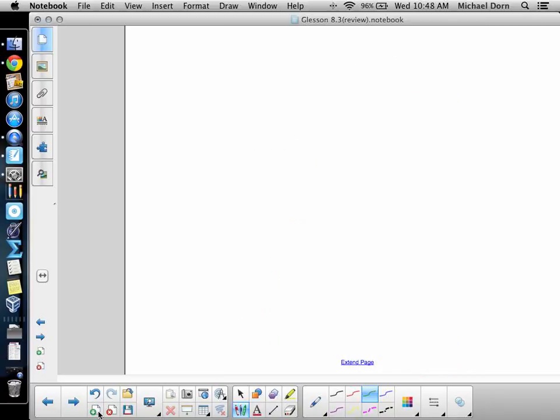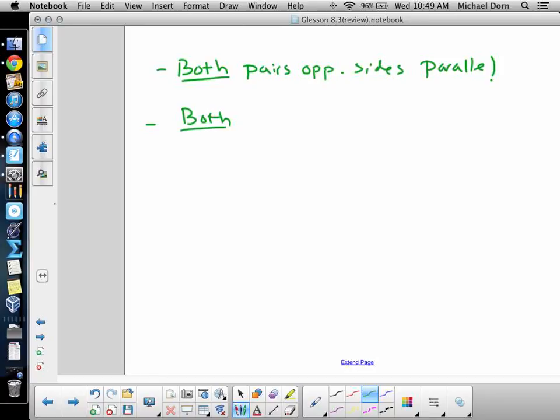Just reviewing, what are the 5 ways that can prove that something's a parallelogram? Both pairs of opposite sides parallel. Both pairs of opposite sides congruent.